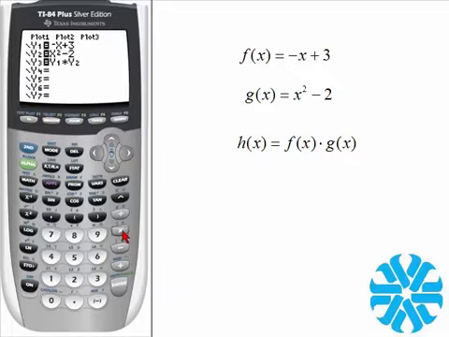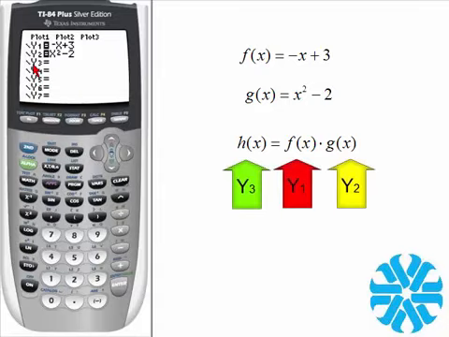But what I'd like to do is I just want to repeat how you use the vars key. So let me go ahead and just clear this line. So we've already inputted the f of x and the g of x. That's the same as it was in example 1. Now remember, for example number 2, y3 is the product of y1 and y2.